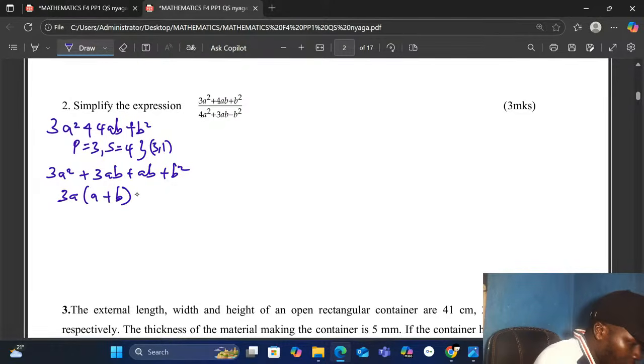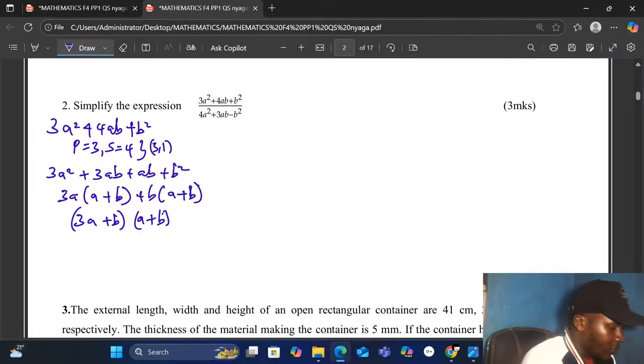Then we add b into a plus b. So we take 3a plus b, then a plus b. So that is the value of the numerator.